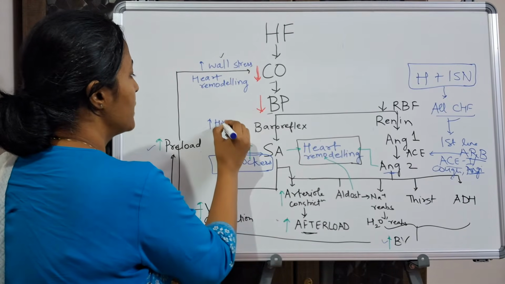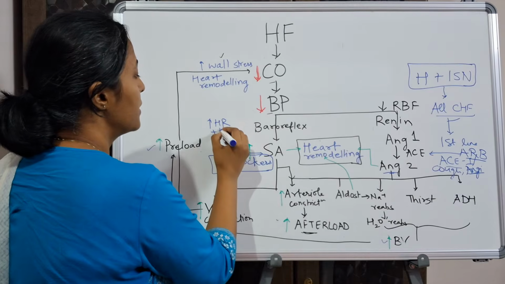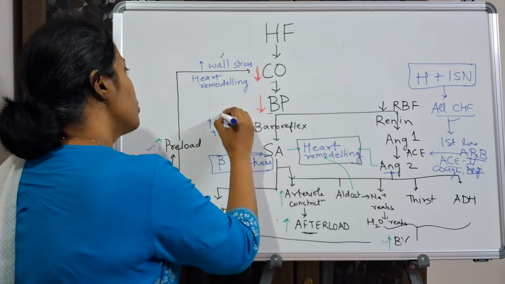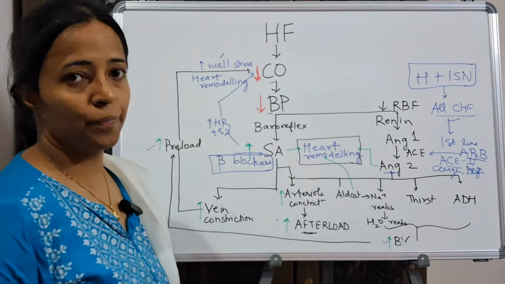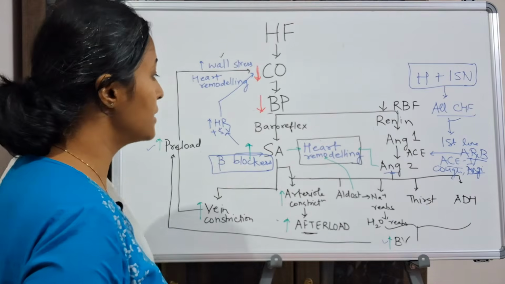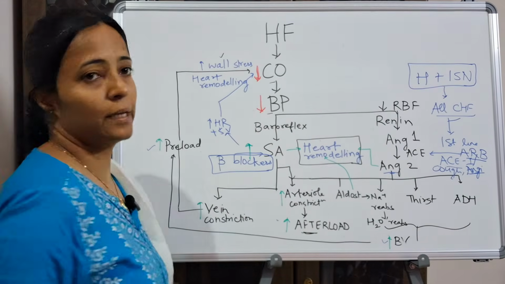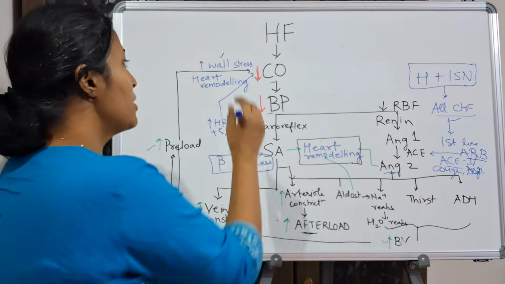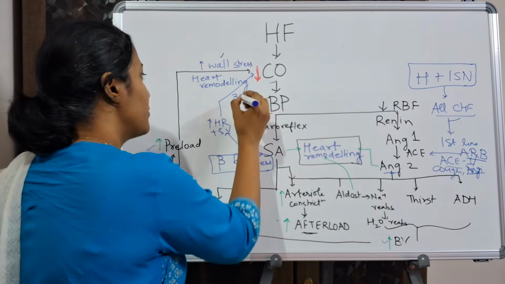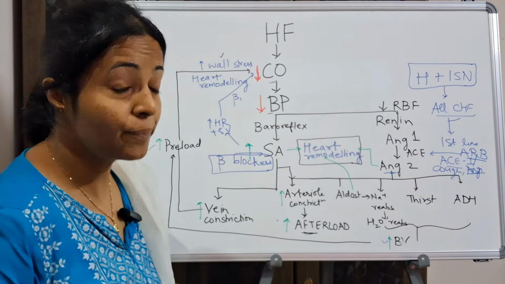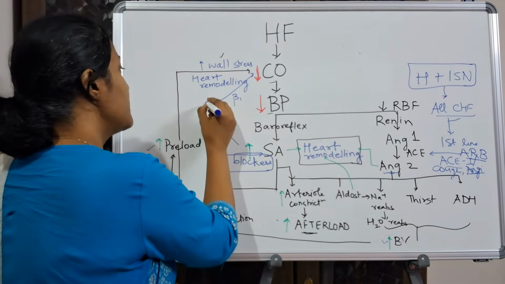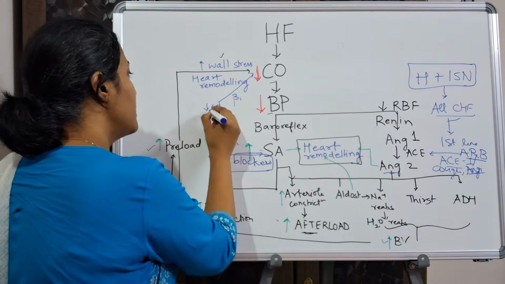So there will be an increase in the heart rate and an increase in the stroke volume. So it maintains the cardiac output. So that is good during heart failure, isn't it? So when you are blocking the beta activity, because in the heart we have beta 1 receptors, this will also be blocked. Right. So there is a decrease in the cardiac output when we give beta blockers.